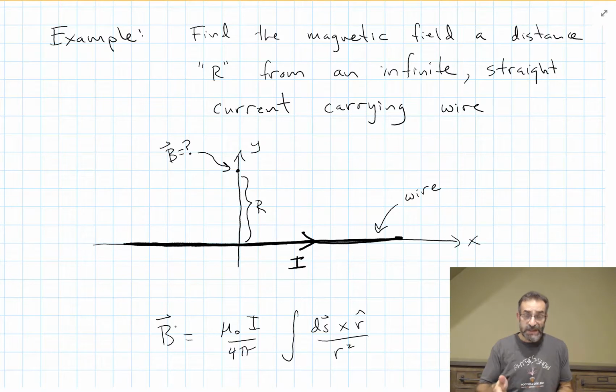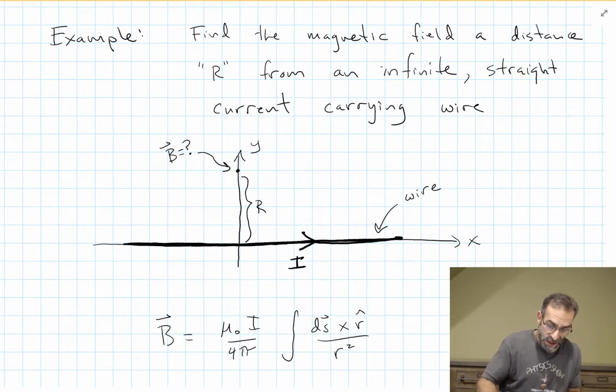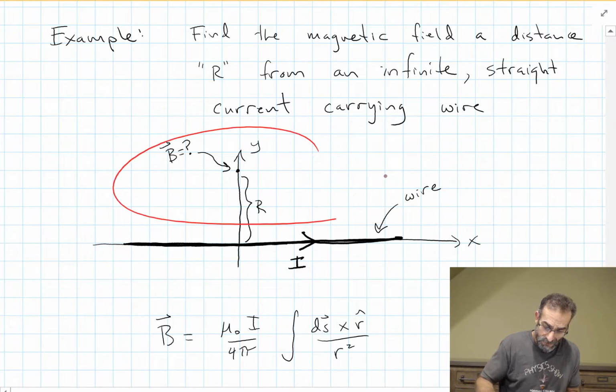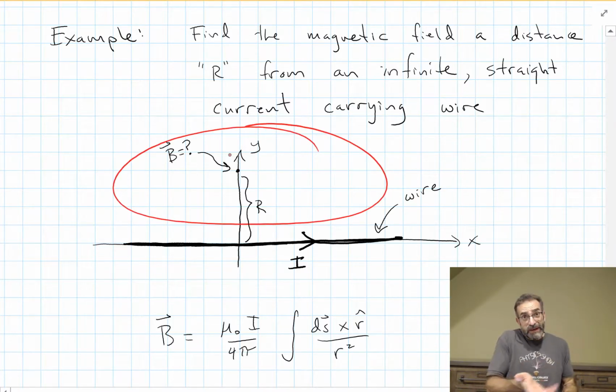The question is, does it point up out of the page or down into the page? So I put my thumb in the direction of the current, and it tells me that any place above the wire, any place up here, my fingers are going to roll and point up out of the page.